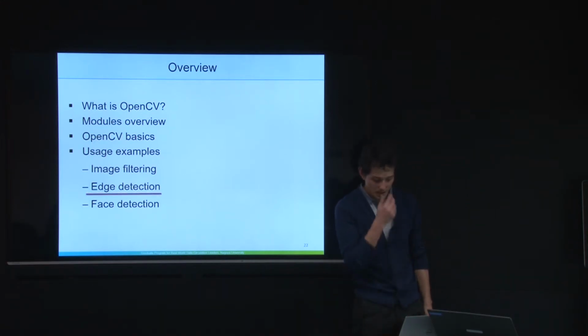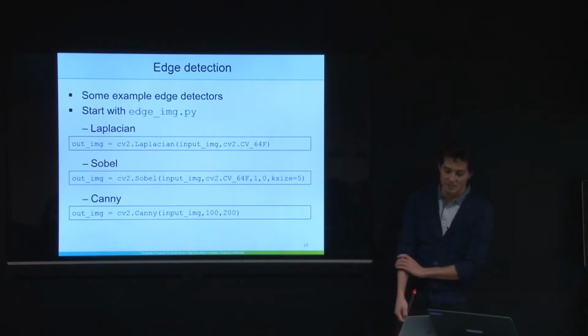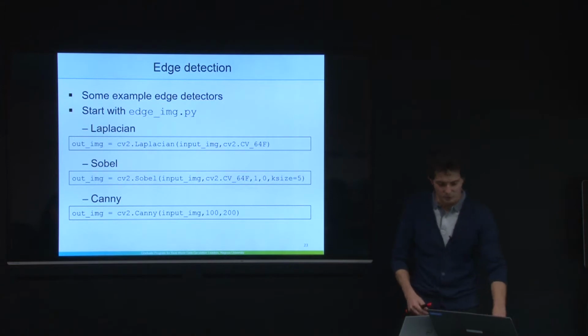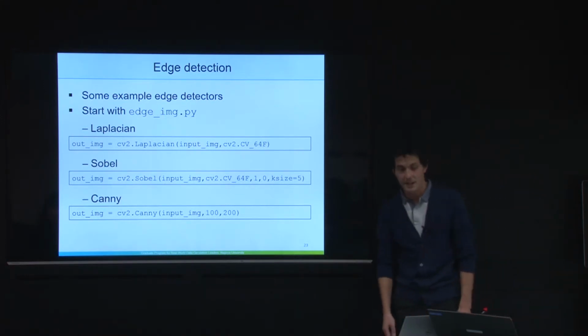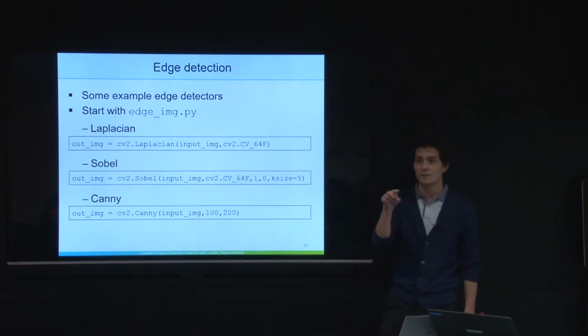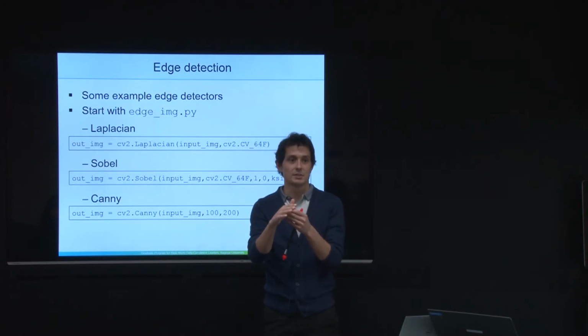In that bunch of scripts which you received, there's one called edge image. Which one did it start out with? Let me just check. So edge image starts off with Laplacian edge detection. Edge detection looks for parts of the image where there's a gradient change.